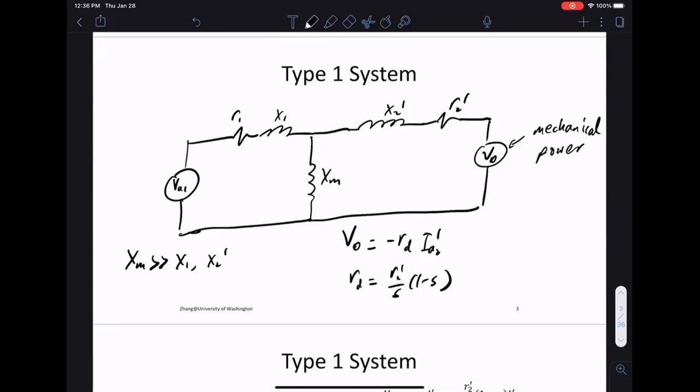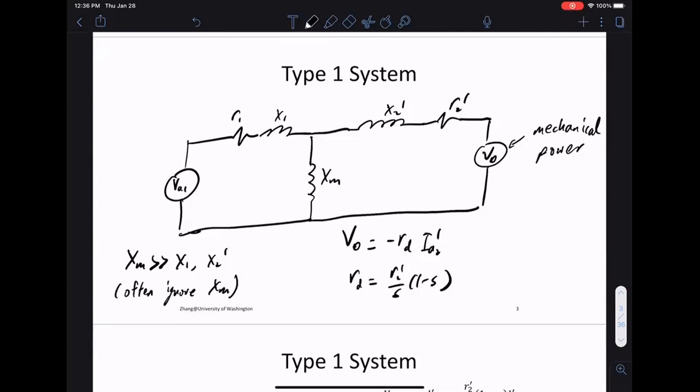Yes, ignore the XM. This looks like an open circuit. So we'll often ignore XM, and just ignore the fact that we have a shunt, because the value is so much larger than the others. This is an assumption we'll often make.